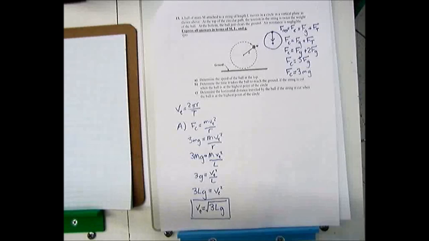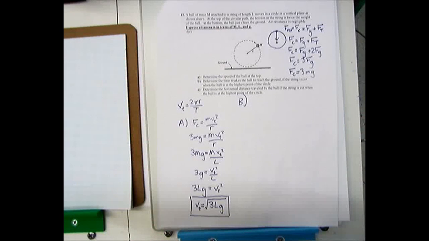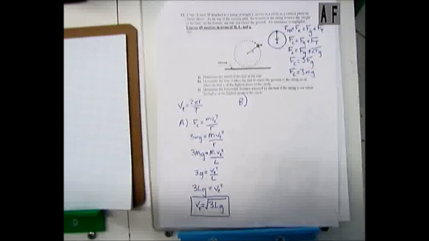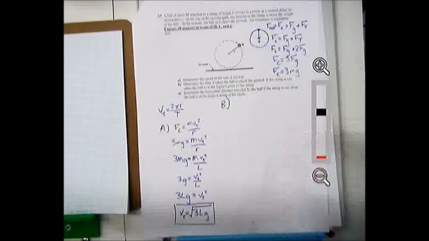The fact that you're using letters instead of numbers is just testing how well you understand the equations, right? Do you understand how they form together, what variables are in the problem, and where are they going to go inside those equations, right?